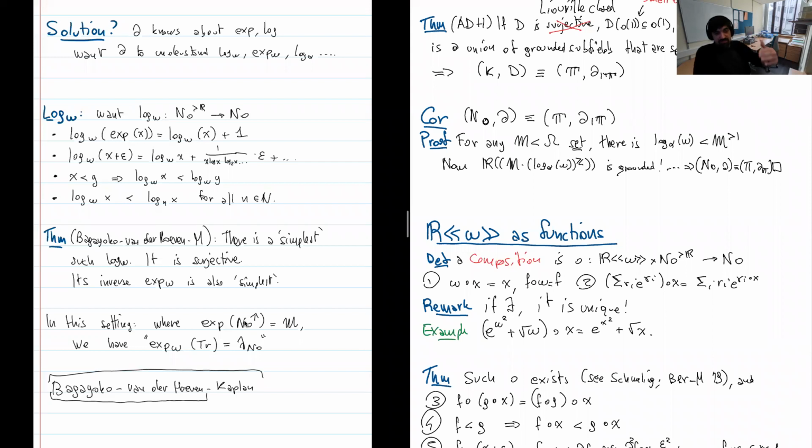The three of them build an abstract field of hyperseries, where you have formal expressions containing exp and log, but also log alpha and exp alpha for every ordinal alpha. And then Bagayoko and van der Hoeven show how you can now define the functions log alpha and exp alpha on the surreal numbers in a way that gives you a large field of hyperseries. So they are making sense of this. I don't know exactly where it ends, because I think it's not finished yet.